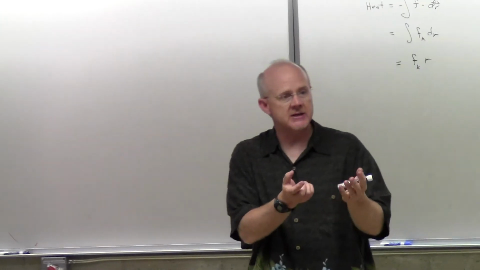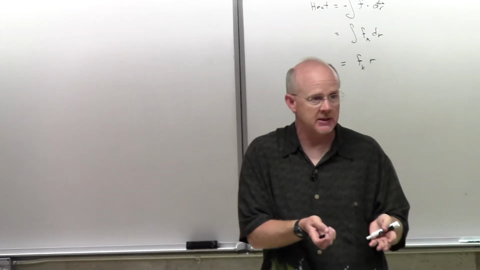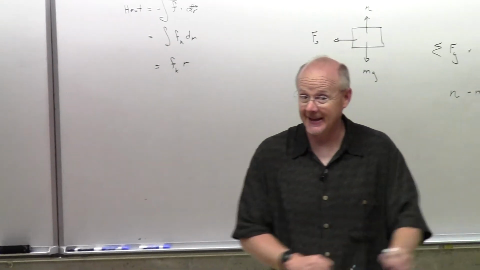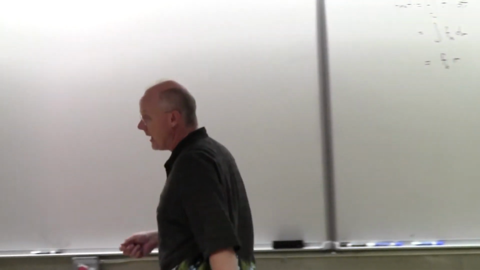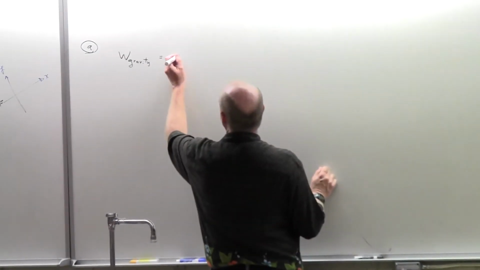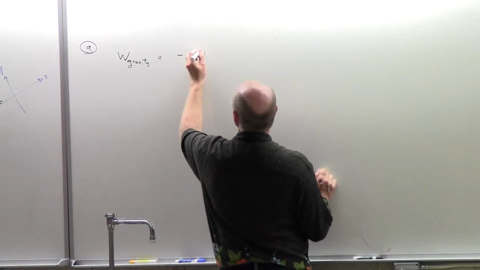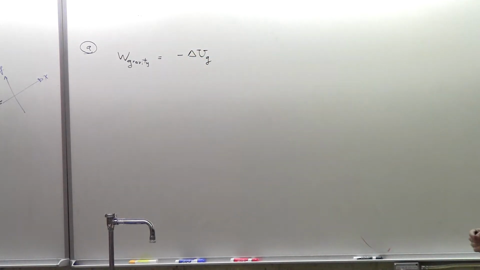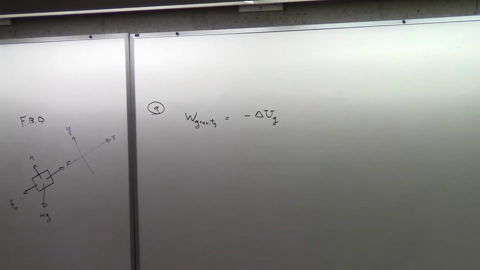Didn't we say the gravitational force is a conservative force? One thing nice about the conservative force is they're path independent. That means we could do the integral one time here in class and you don't have to do it again. So why don't we do that? Why don't we say that the work is negative of the change in potential energy? That was our definition of potential energy anyways, that it was negative of the work.